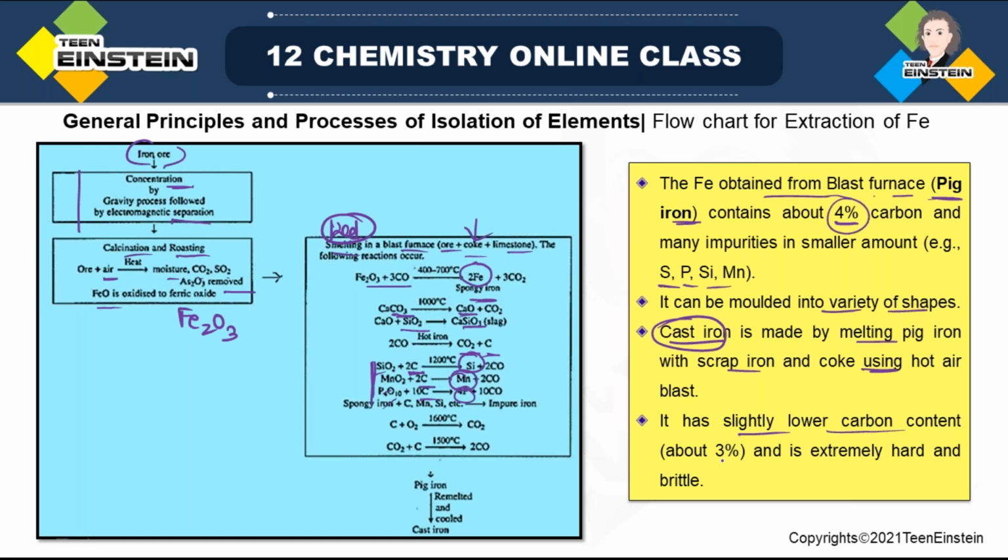Previously it was 4%, but now it is 3%. So obviously it is of different quality. Both are iron, but different names are used depending on the carbon quantity and other impurities. Cast iron, which we get from pig iron, is comparatively pure, and remember, it is extremely hard and brittle, not like pig iron, which is basically spongy in nature. Fine.